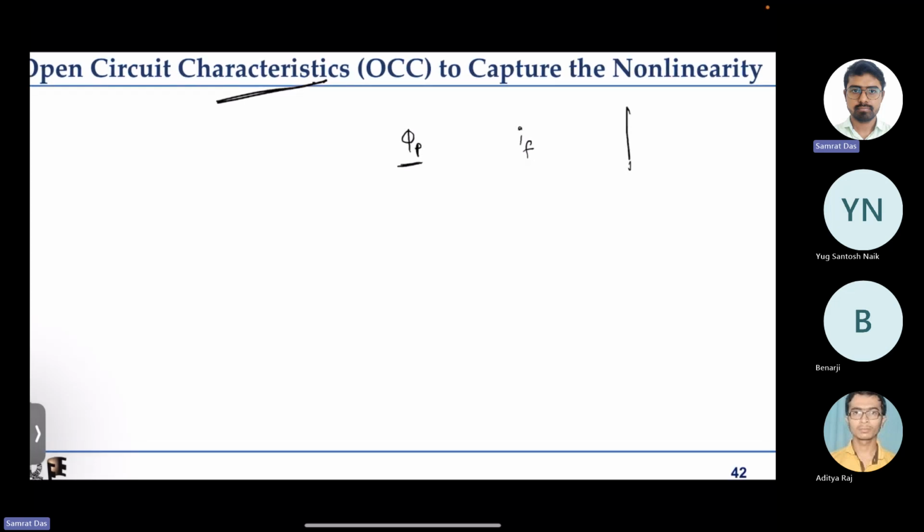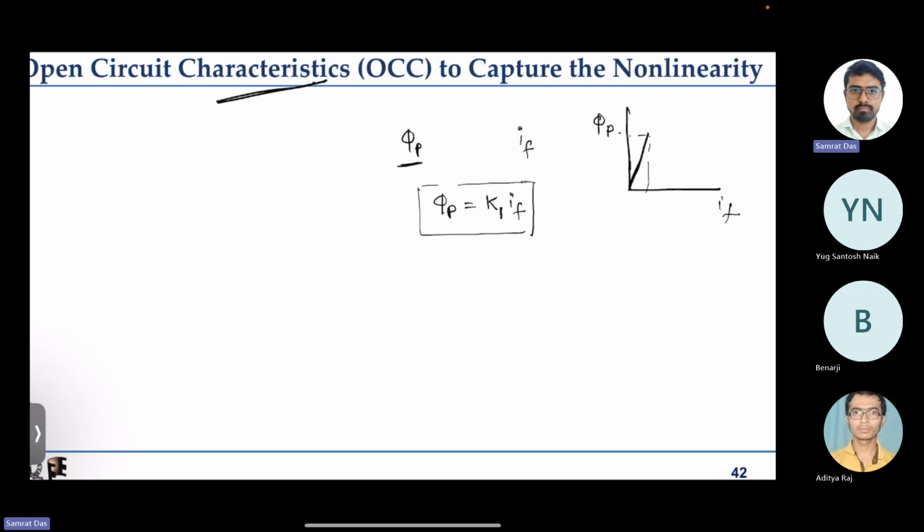And we have seen their relationship: flux per pole and field winding current are linearly related up to some lower value of field current, till the time the machine does not saturate. So till that time, phi p can be written as some constant, say constant k1, into if. Then we have two variables which are scaled versions of each other, so it is a linear system, not a nonlinear system.